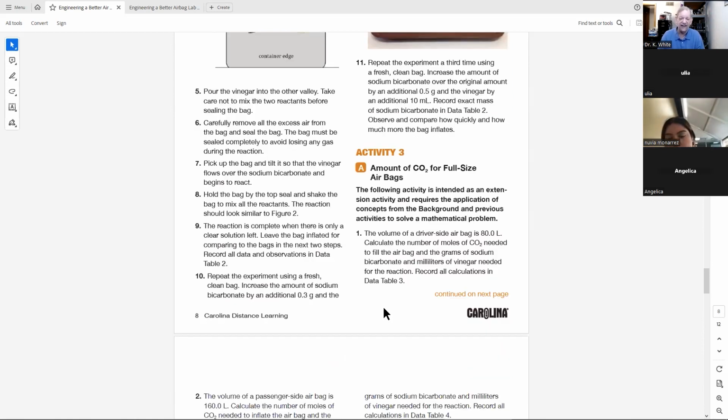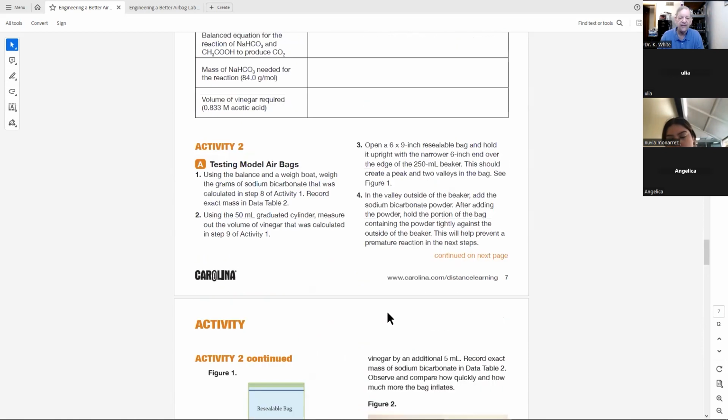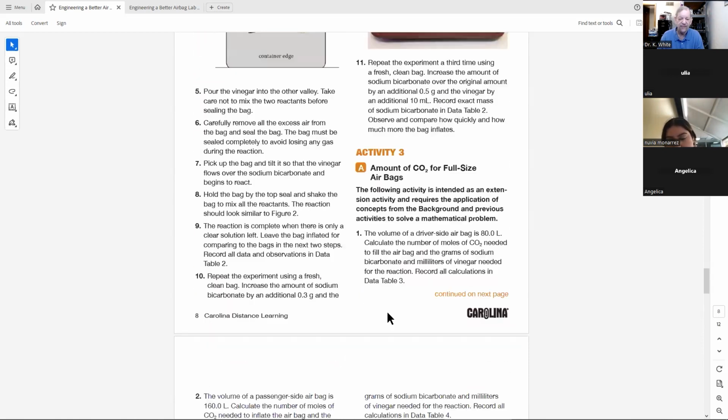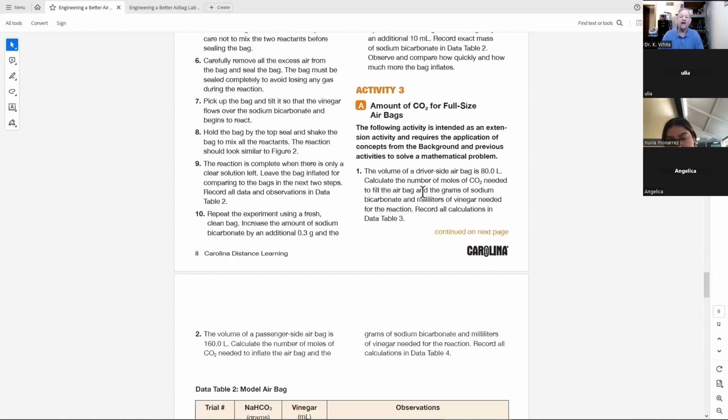Now, in activity 3, you'll assume the airbag for a car is 80 liters. That's your volume.